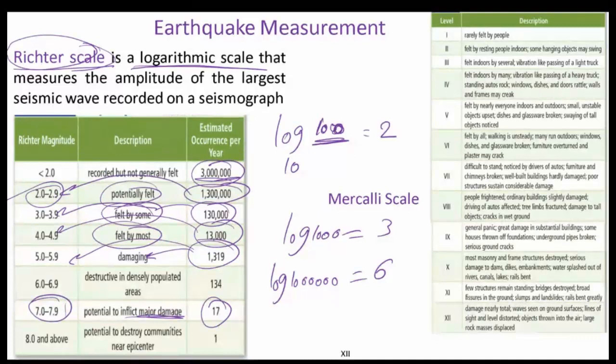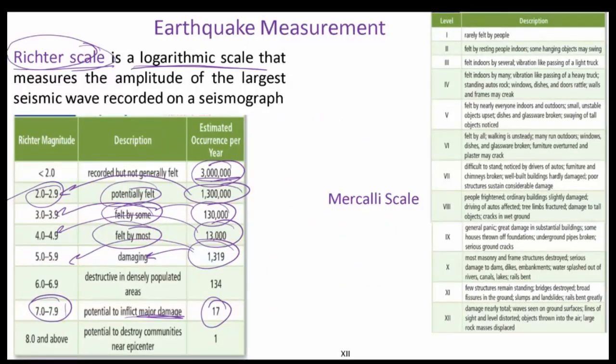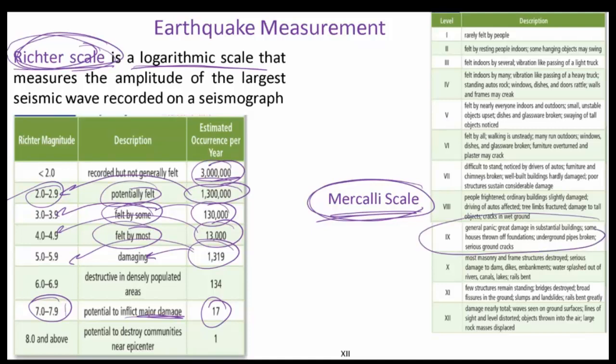Richter scale. So in the news, if you hear about an earthquake, they tell you the magnitude on the Richter scale. But when they discuss the consequences of the earthquake, we need to talk about the Mercalli scale. The Mercalli scale has 12 levels. They tell you about the consequences and the effects of each earthquake. So for example, number 9 here.